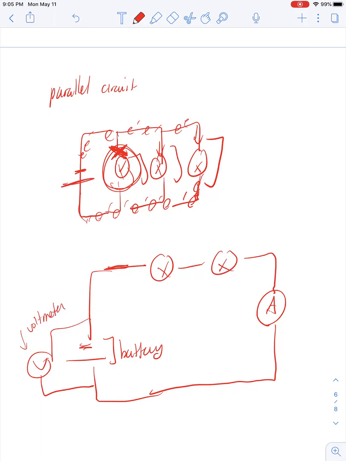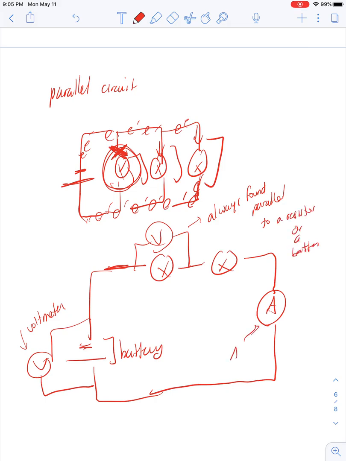And the voltmeter is measuring the difference in charge across the battery. You can also put a voltmeter where a resistor is, to measure the change in voltage from the electrons moving through the resistor and after the resistor. And this voltmeter is always found parallel to a resistor or a battery.